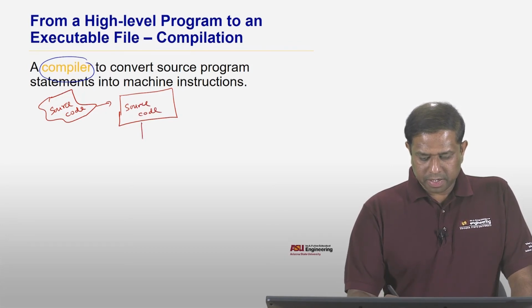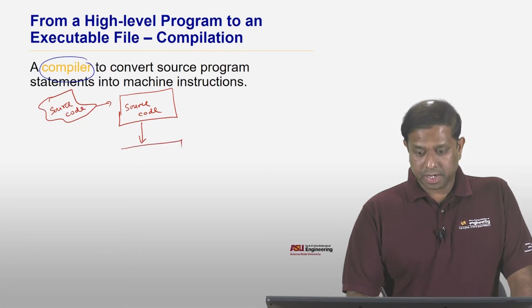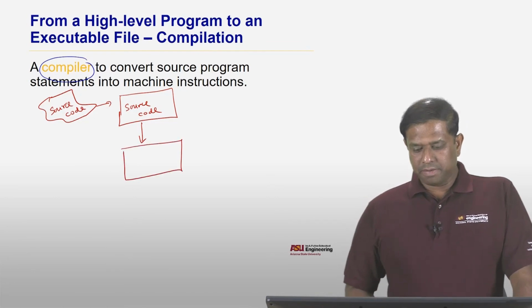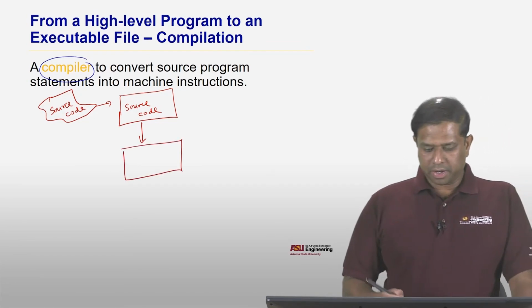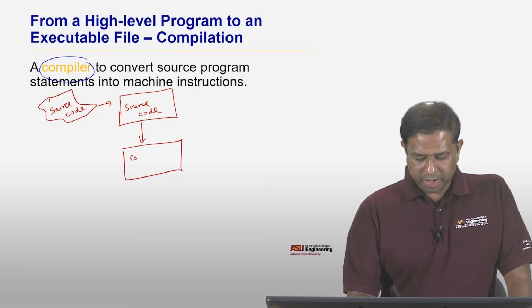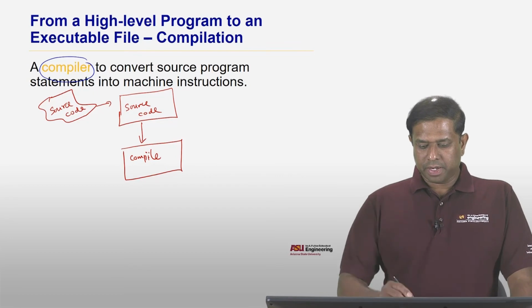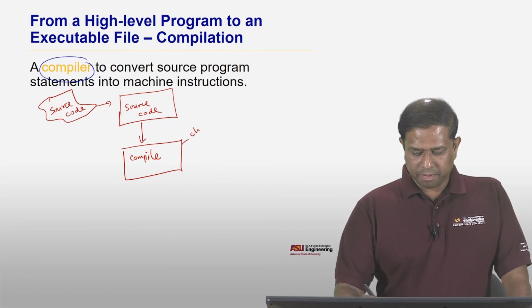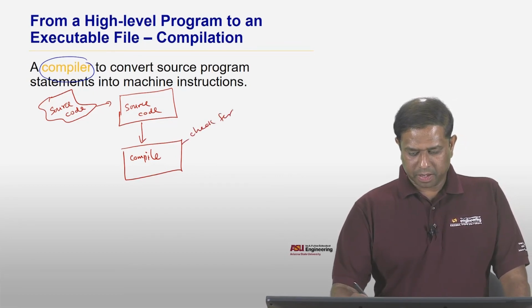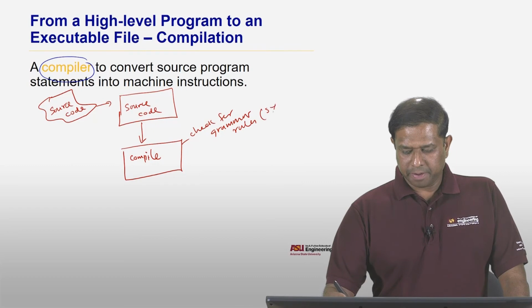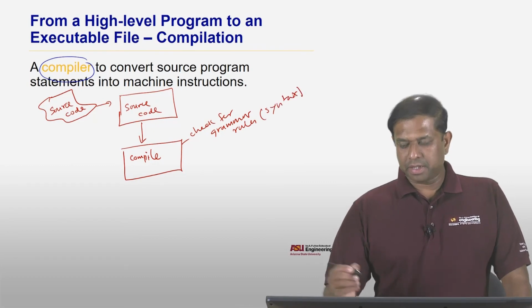And after checking the source code, the next thing we look at is whether it's grammatically correct, right? So we compile it, and when you compile it, we check for grammar rules. That's called the syntax of the program.